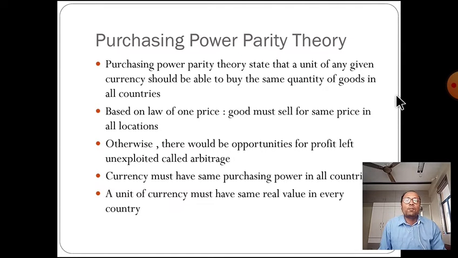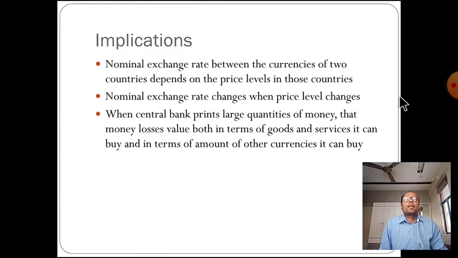So over a period of time, the price of the product in the Indian market and the price of the product in the international market, that is the US market, will be equal. So the price in India in this case will move up from 200 on the upper side, and the price in the US market will move down from $5 to the lower side. At some point of time, the price will become equal. That is what purchasing power parity theory says.